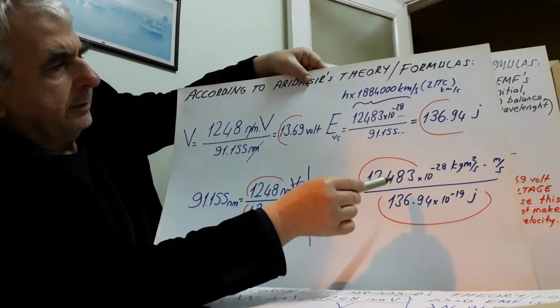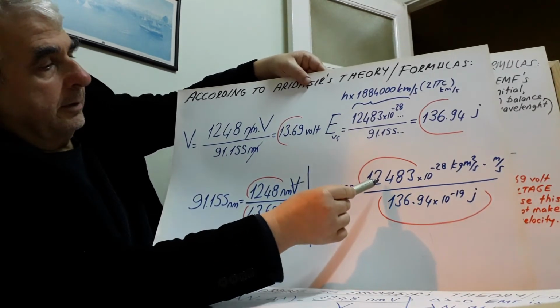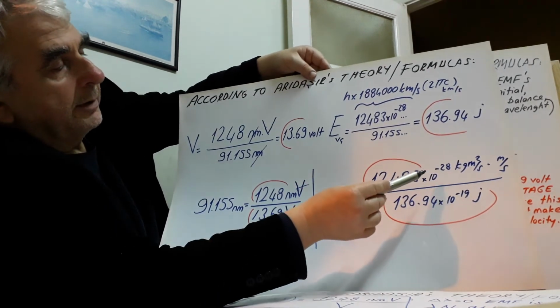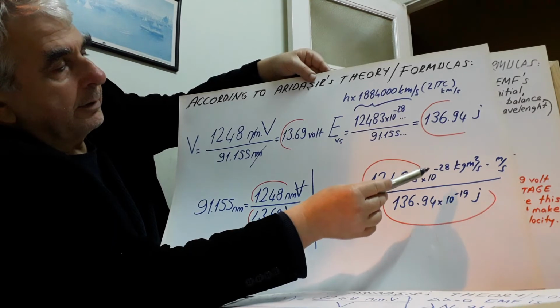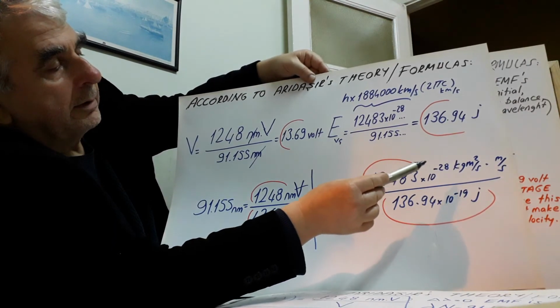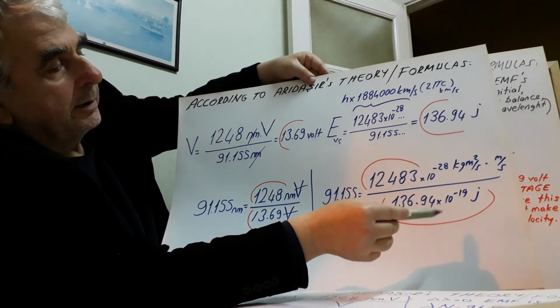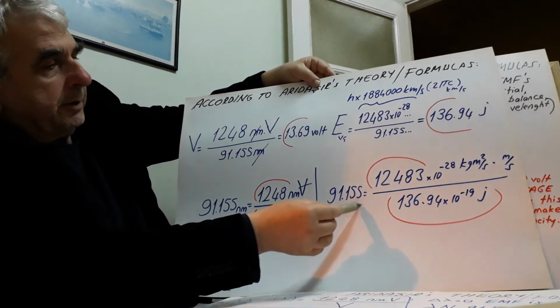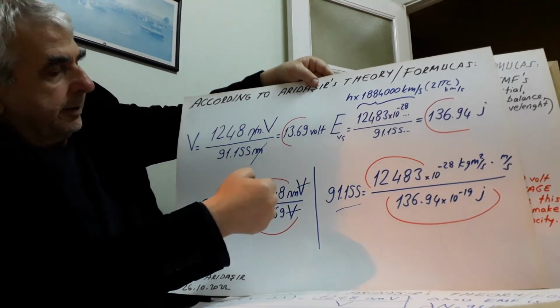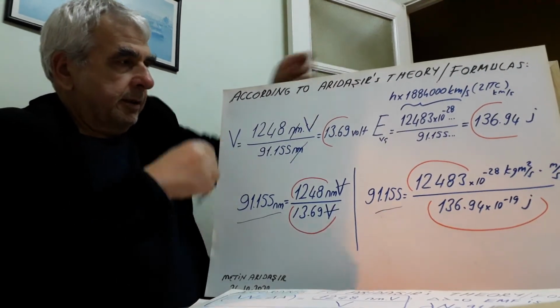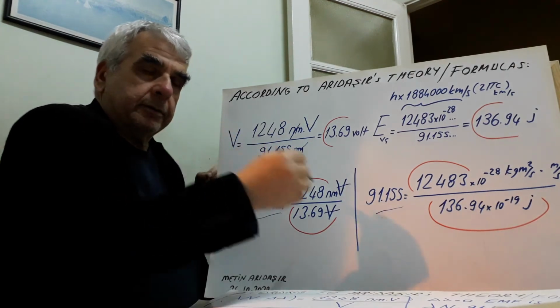And here, 1248 3 10 to the minus 28 kilogram meter squared divided by second multiplied by meter divided by second. Here, same nanometer, same nanometer. Okay? Yes, corresponding.